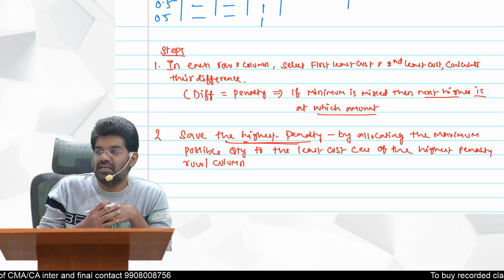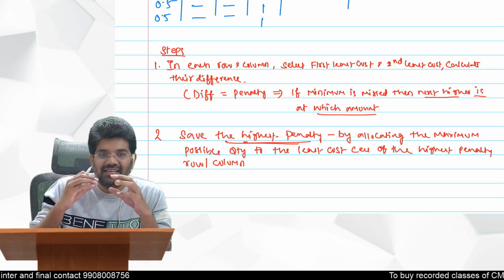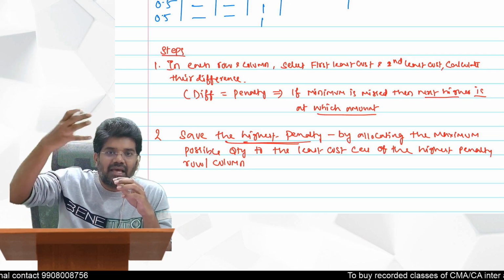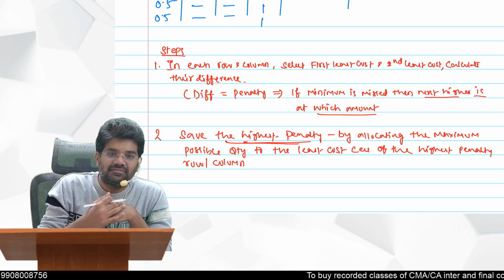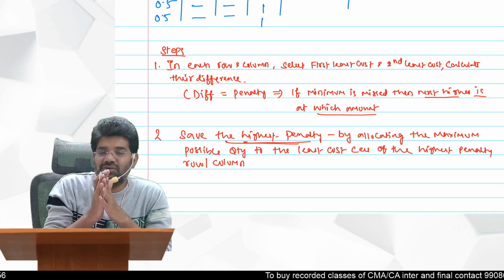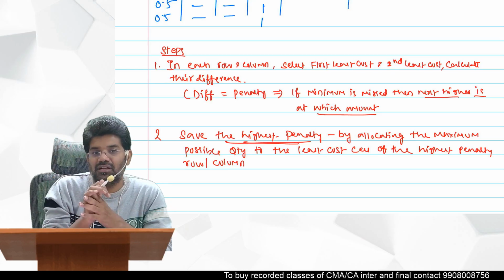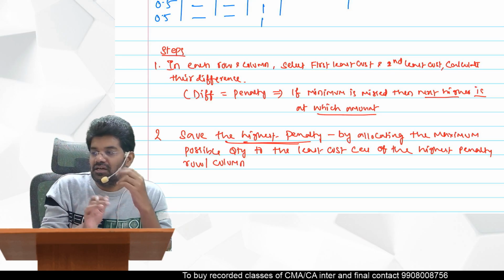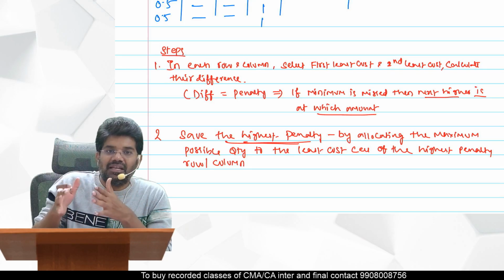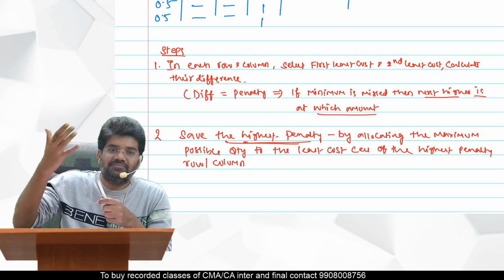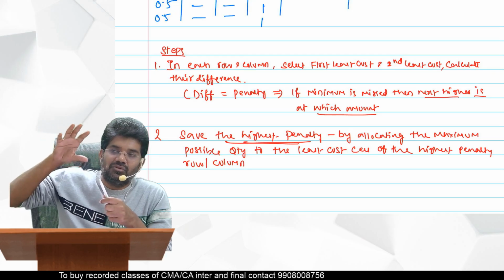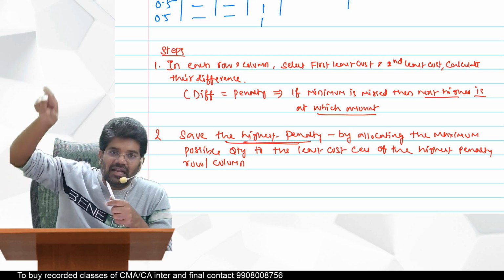How we are saving the highest penalty is by selecting the least cost and allocating the maximum quantity there. That is how we are avoiding a higher penalty. So we have calculated penalties for each row and column.